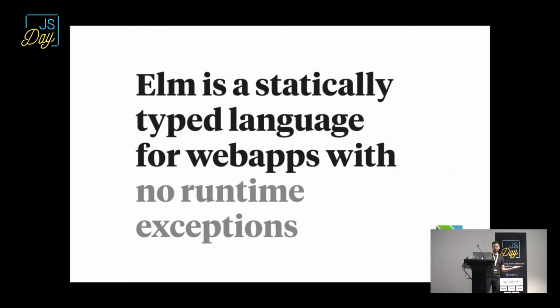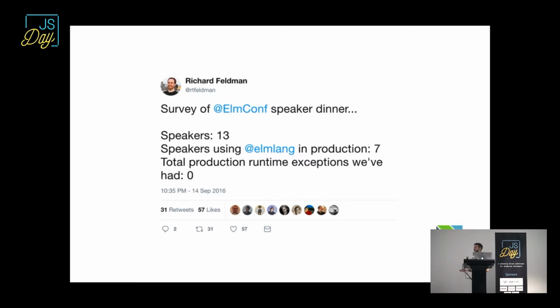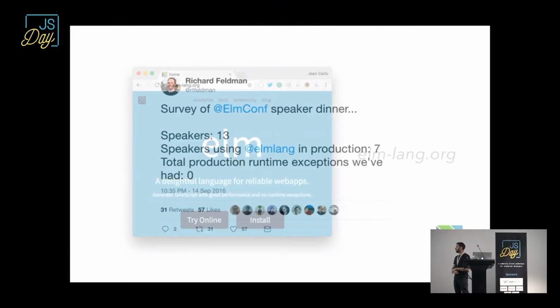It's magic. Okay, let's see if it's right. That's the guy that advocated a lot for that language, and that's a tweet from him, and he said that an exception never happens in production. So yeah, this is impressive.